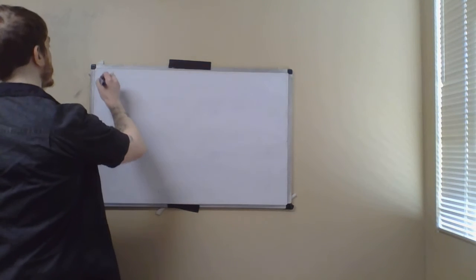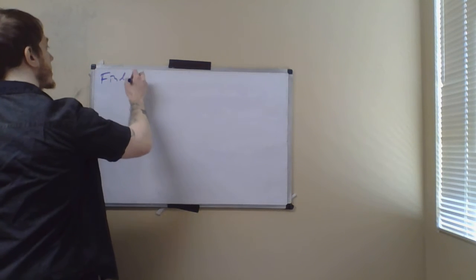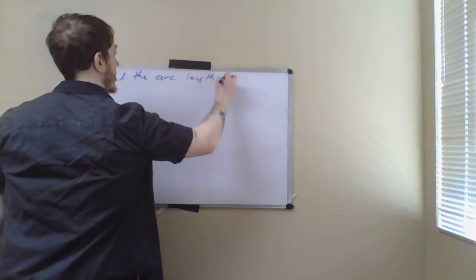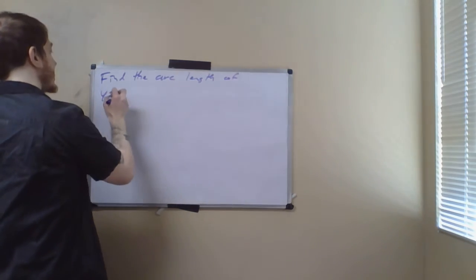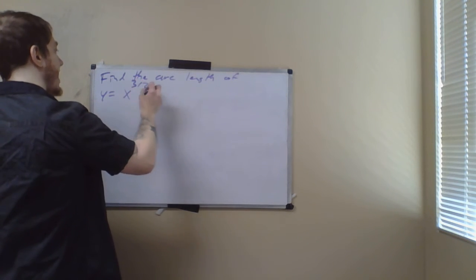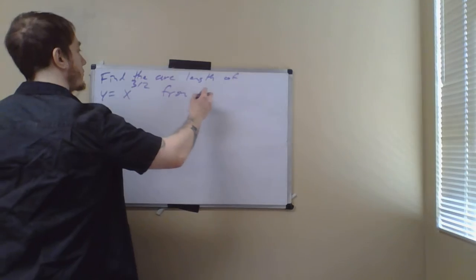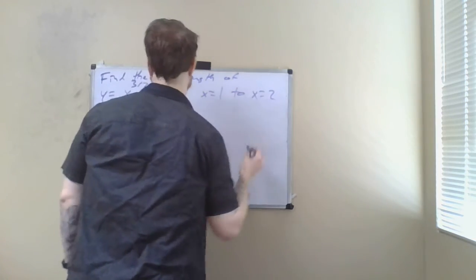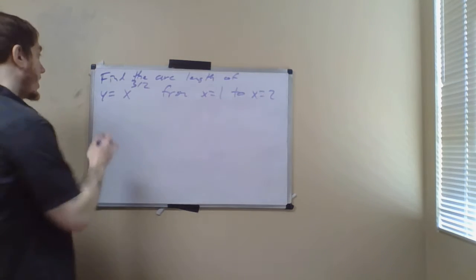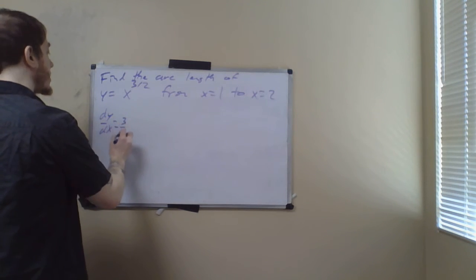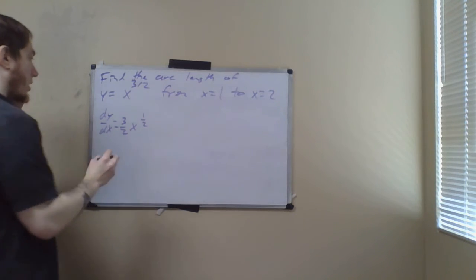So let's suppose that we want to find the arc length of y equals x to the 3/2 from x equals 1 to x equals 2. Well, dy by dx is going to be 3/2 x to the 1/2 power.